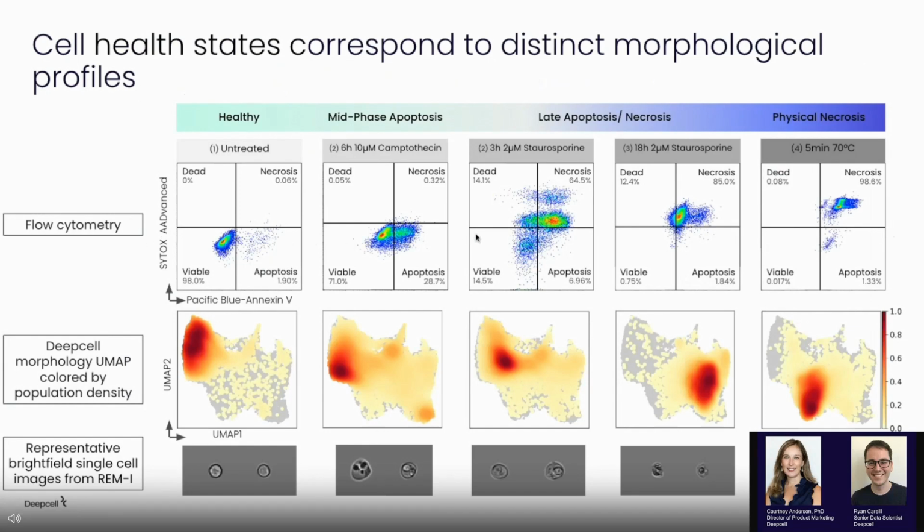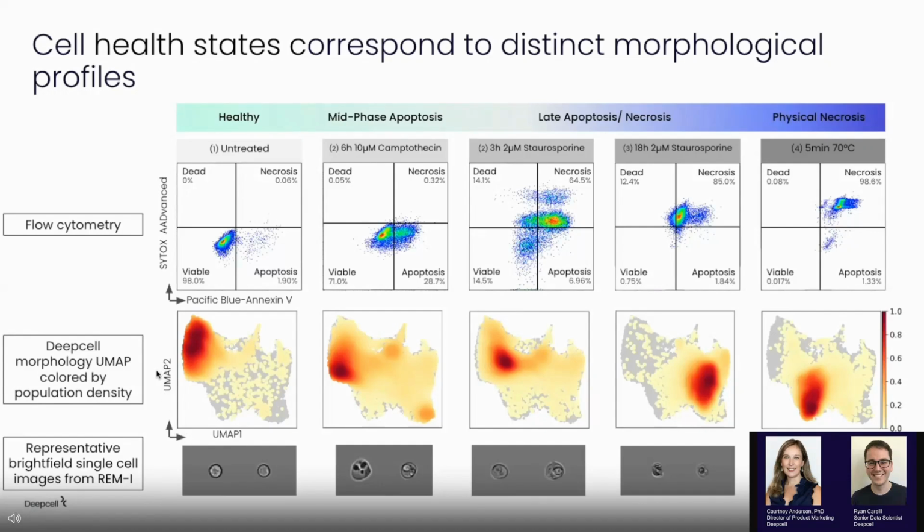In this top row, we have flow cytometry plots containing estimated fractions of viable, apoptosis, necrosis, and dead cells. We've organized the cell health state roughly left to right. In the middle row are the corresponding morphology UMAPs.